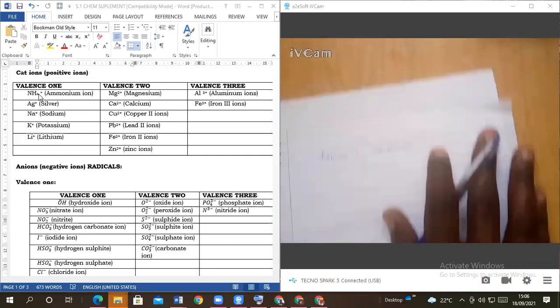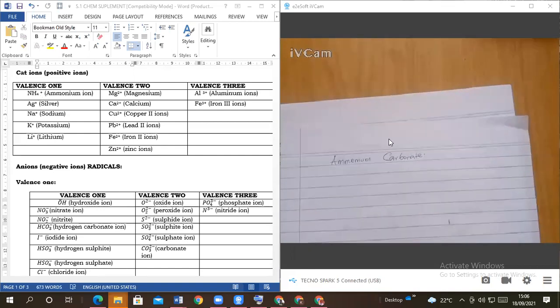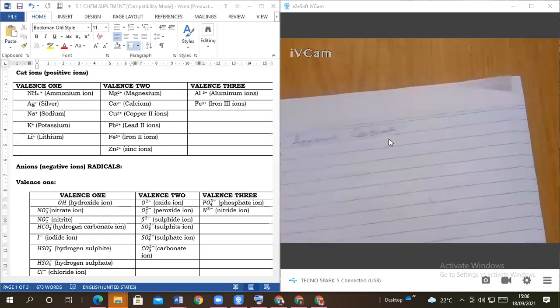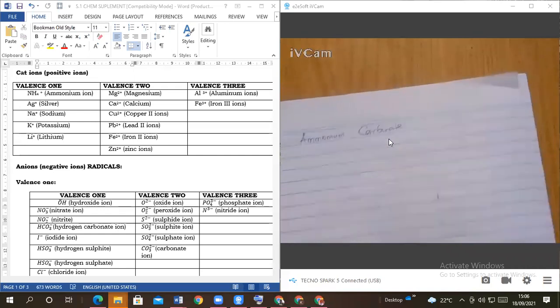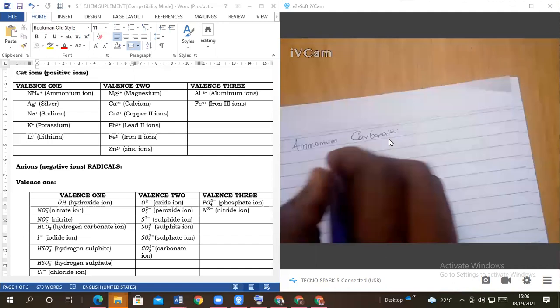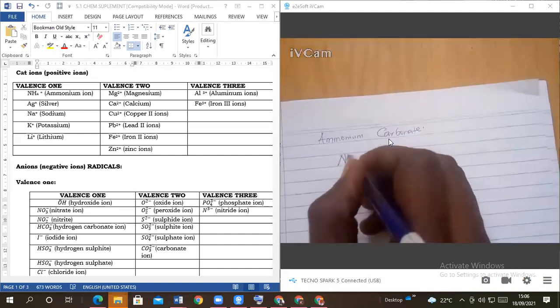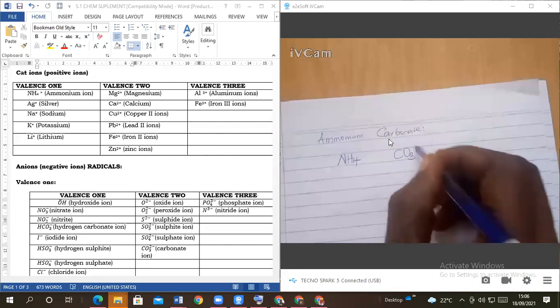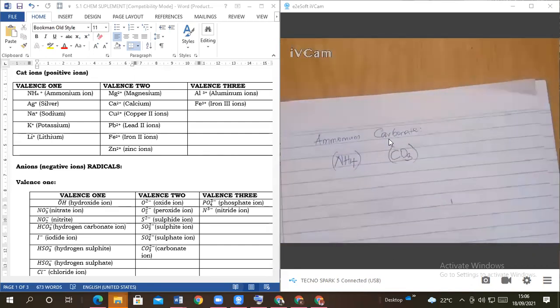Go to the table, just copy the formulas for now, but if a test comes, you will not copy, you must get them. So ammonium is NH4, the carbonate is CO3, like that. That is what we are saying at first.